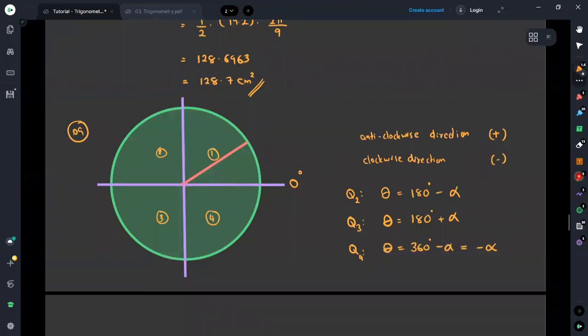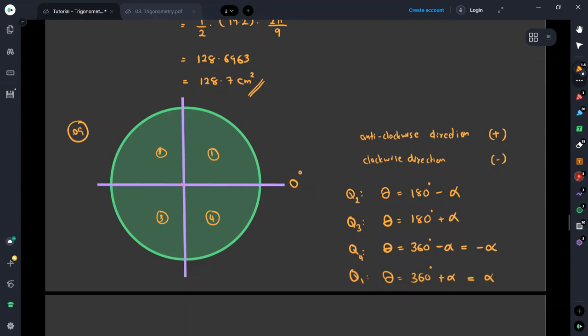If it is in quadrant 1 again, theta can be considered as 360 degrees plus alpha, which we can simply say is plus alpha. There is no need to consider 360 again, because now we have completed one round, and in the first quadrant we always get acute angles only. Even though we have completed a round, we again get plus alpha.